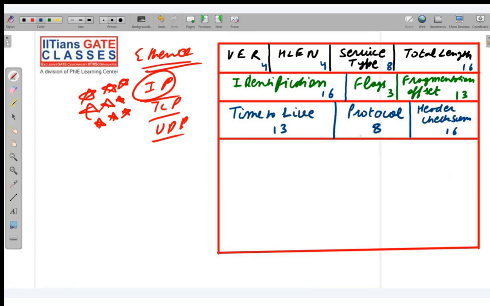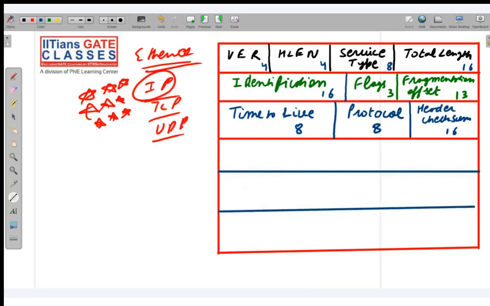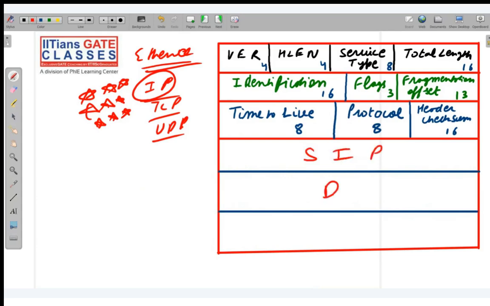Actually, TTL is of 8 bits, there was a calculation mistake. Time to live is of 8 bits. Protocol is 8 bits, header checksum is 16. Next is SIP, source IP address, then DIP, destination IP address, and then we have options.